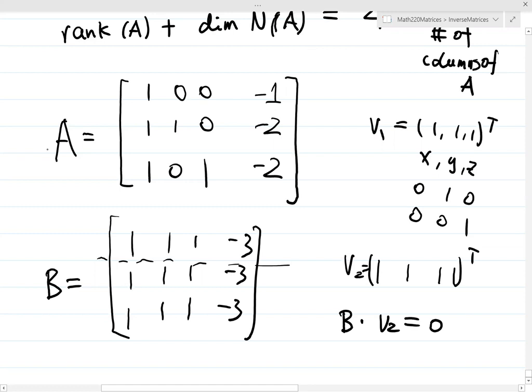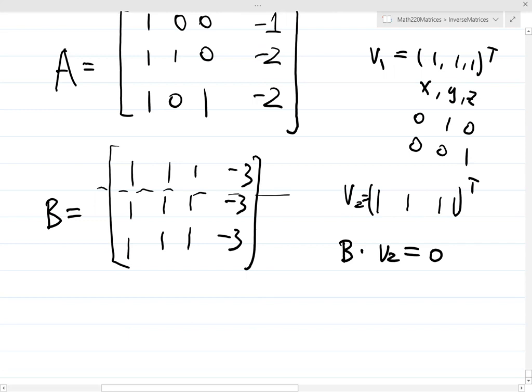The null space is too big in this case. You see, the first row and the second row are the same, and the first column and the second column are the same. So you can take, for instance, v3 to be 1, negative 1, 0, 0.